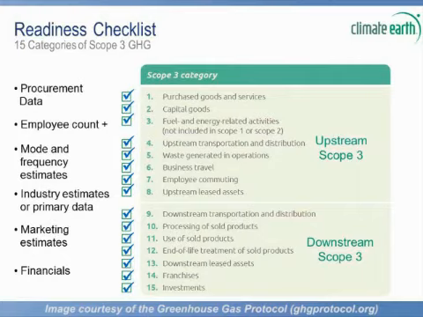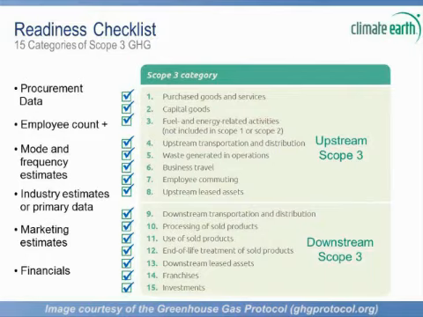And there are clear instructions about how to restate base year emissions in subsequent years based on changes in methodologies, etc. So the standard itself is intended to be an iterative process that provides for continual refinement.